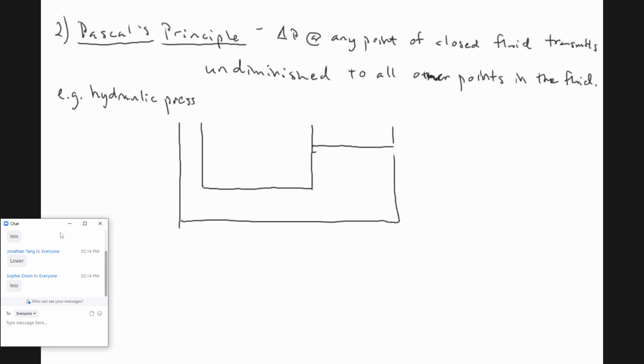Imagine your car is on the large cross-sectional area plate. This is like a piston plate, and the other end is a piston plate. And everything in here is some liquid, and it's closed, okay? So Pascal's principle states that any pressure change at any given point, like the ends, should still be the same at all other points in the fluid, okay?